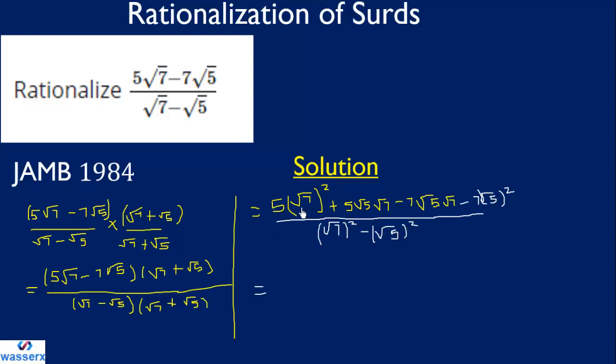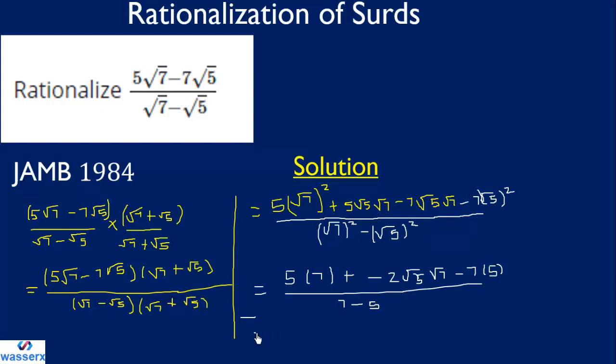So this goes further to 5 times 7 plus 5 root 5 root 7 minus 7 root 5 root 7, which will give us negative 2 root 7 root 5, then minus 7 times 5, all over 7 minus 5.